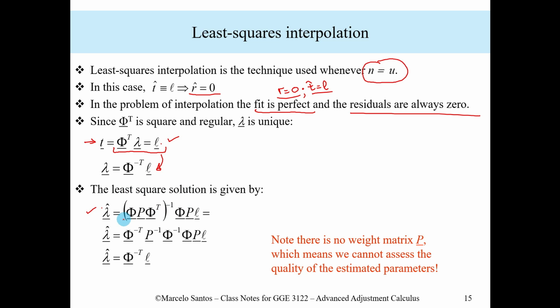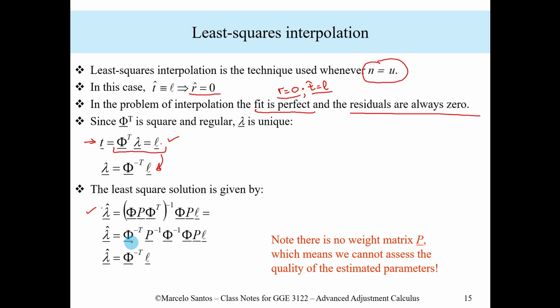We can obtain the same equation if you look at the equation from the least squares approximation, which is given here. But because phi, the Vandermonde matrix, is square and regular, we can apply a matrix property. The inverse of the product phi P phi transpose equals inverting and reversing the order of these elements.